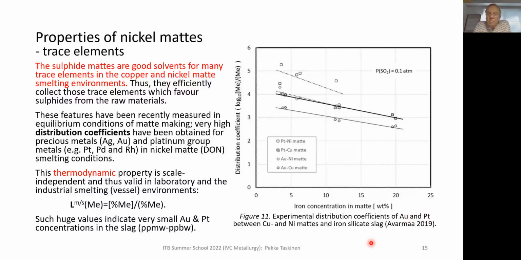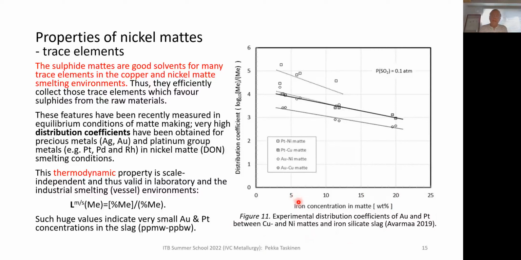And here we have gold and platinum distribution coefficients experimentally defined for copper and nickel mattes containing some iron, in order to get these values on the same scale in a way.